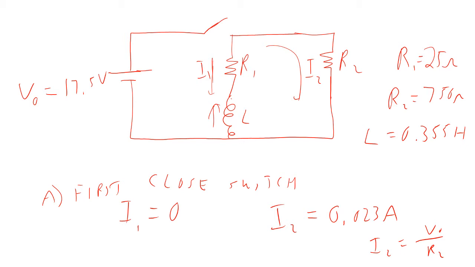Now, a fraction of a second later, then current starts flowing here. So the next question is, after a really long time, then what's the current? So B. After a long time, the inductor just acts like a wire.